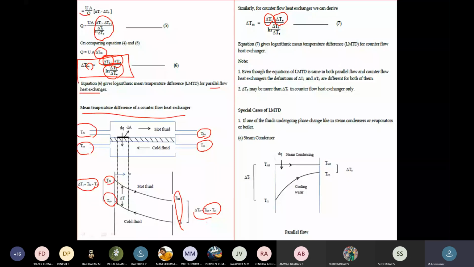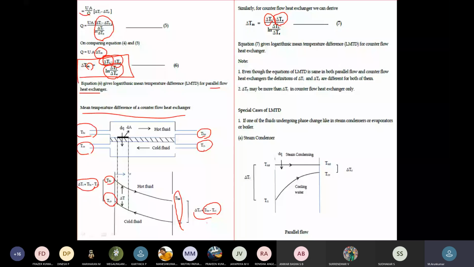So don't get confused. If you study them comparatively, we can easily remember these equations. In parallel flow delta Ti is calculated with Thi minus Tci, whereas in counter flow delta Ti is calculated with Thi minus Tce. Just remember that.